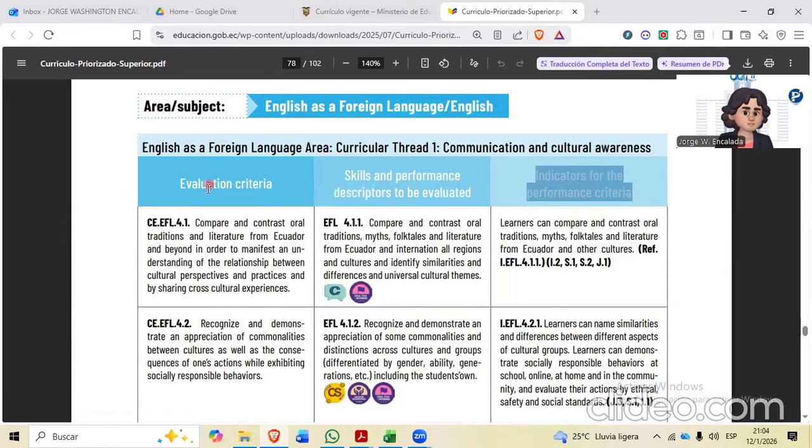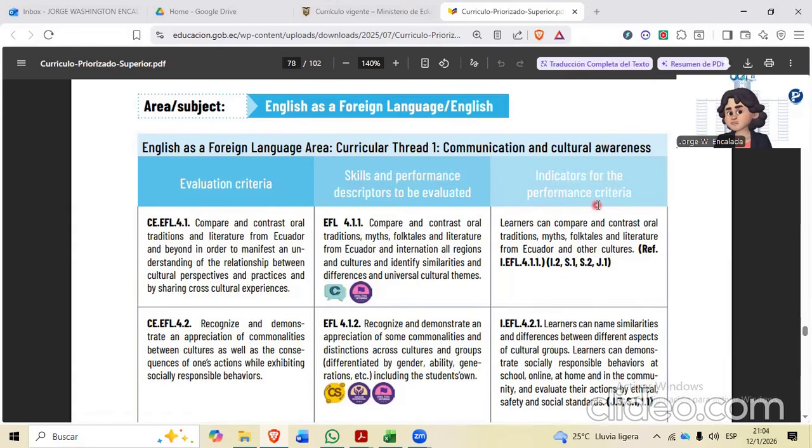So the evaluation criteria is how we are supposed to evaluate our students' progress. What do we have to consider to evaluate the students' progress? The skills and performance descriptors are basically the different abilities that our students are going to develop once they finish the program, what they're going to be able to do.